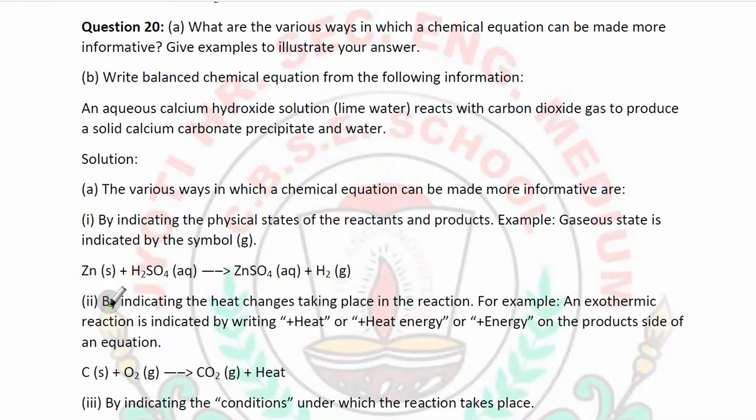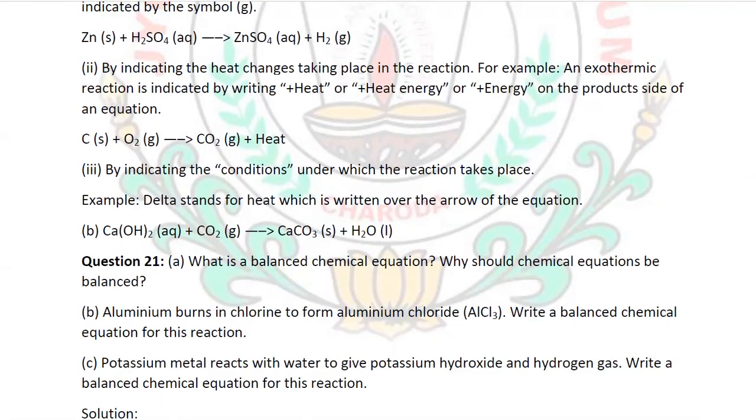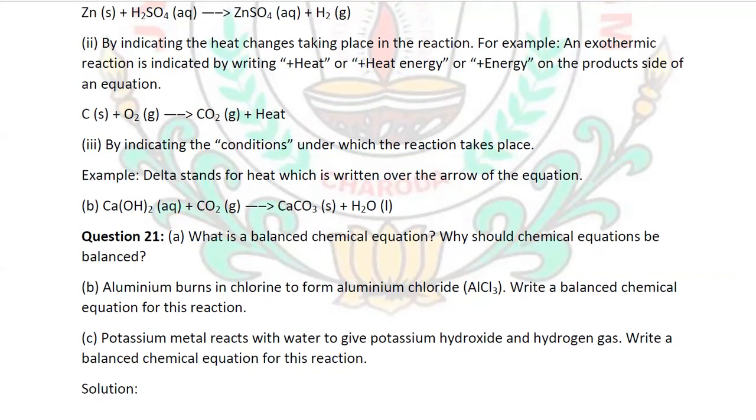The next way is by indicating the heat change taking place in the reaction. For example, for an exothermic reaction, the heat is written on the product side, and for an endothermic reaction, the heat is written on the reactant side. Next, by indicating the conditions under which the reaction takes place, we can make a reaction more informative.